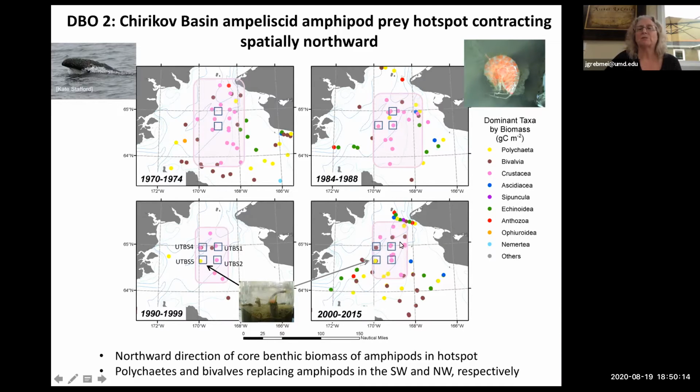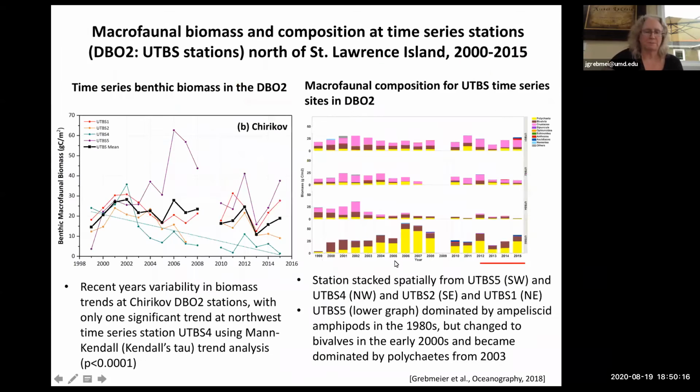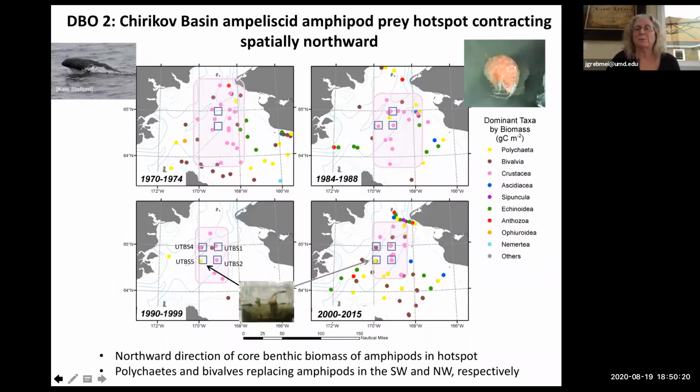And in fact, the patch of most of the amphipods is moving more northward. If you look at the color coding of the four boxes, in the 90s, three of the four were dominated by polychaetes on the southwest side, which had already started to move out. Then they were polychaetes in the 2000s, and now we have clams.